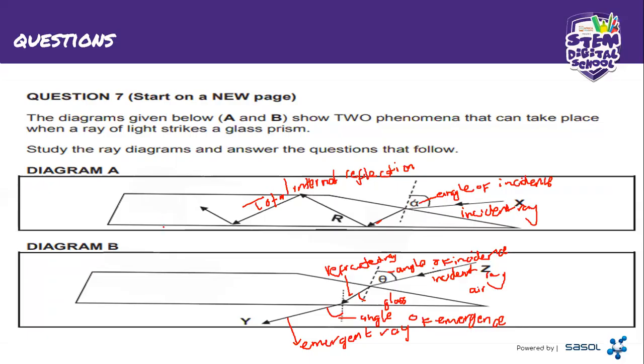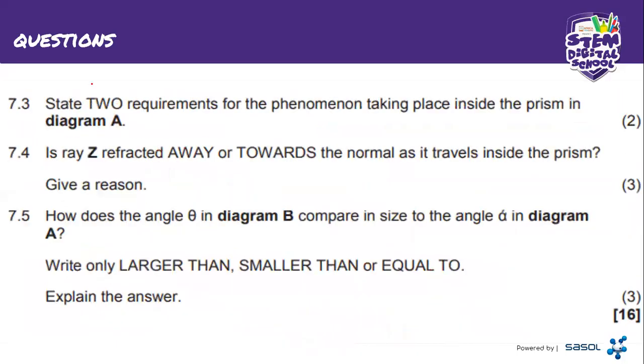In order for total internal reflection to take place, the light ray must be coming from a more optically dense medium to a less optically dense medium.